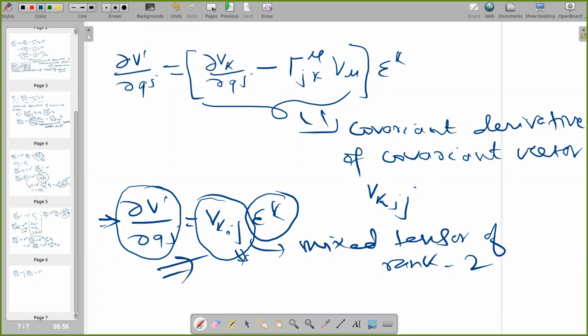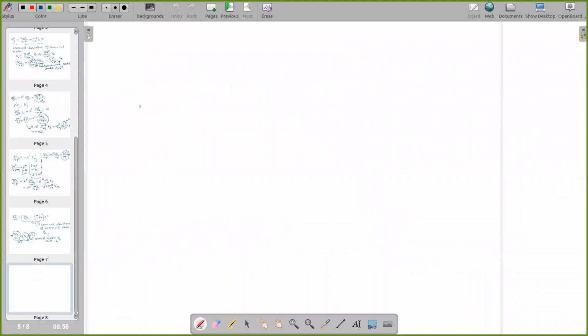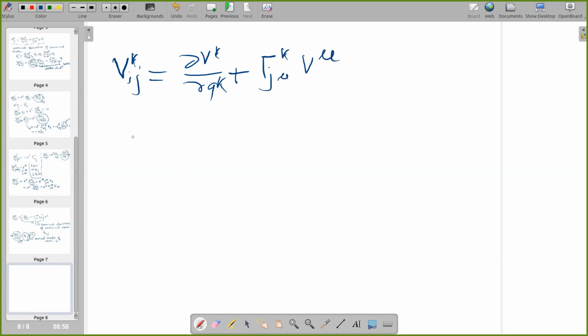Now the final relation we can copy here: the covariant derivative of contravariant vector and covariant derivative of covariant vector. We can write here V^k;j. This is the covariant derivative of contravariant vector, and its first term is ∂V^k over ∂qj. This is coordinate differentiation that depends on the coordinates, plus gamma k j mu V^mu. This is another term.